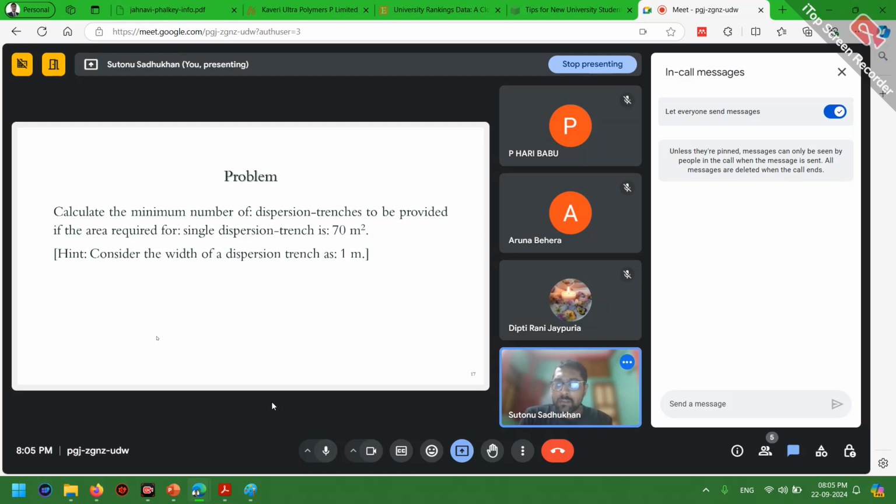Basically you have to calculate the total area and divide it by the single dispersion trench area of 70 square meters. That will give you the number of dispersion trenches. That's all.